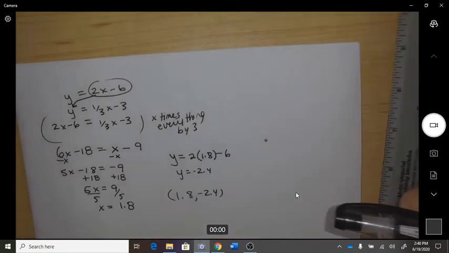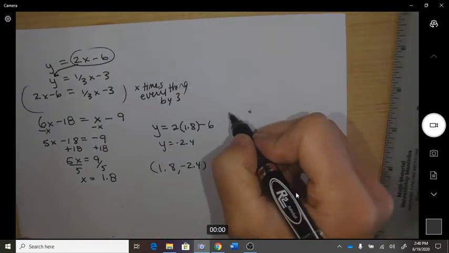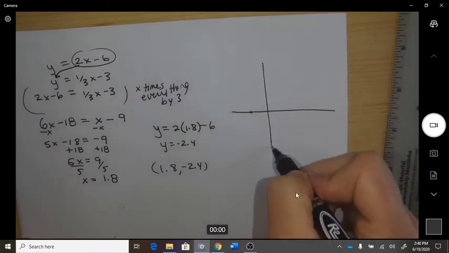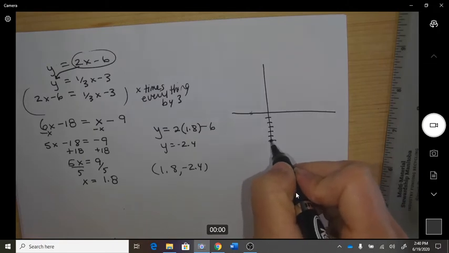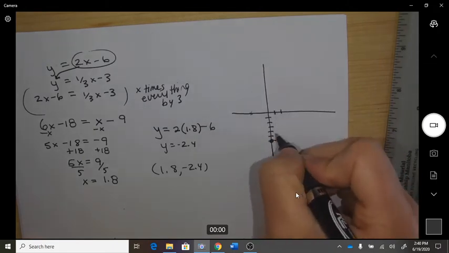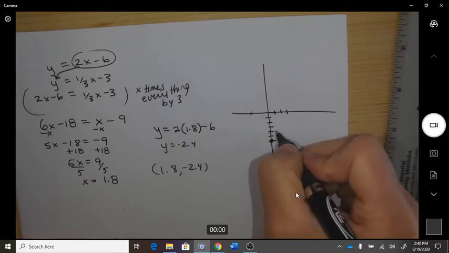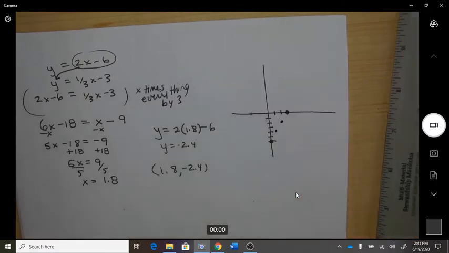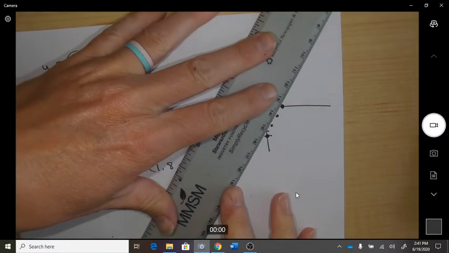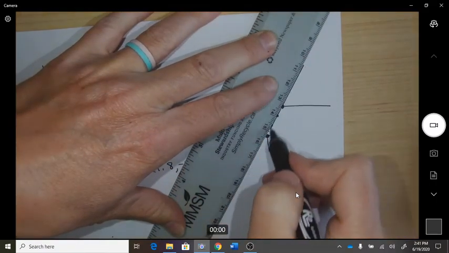Okay, so let's see what this looks like in a graph. So this one is negative 6. Whoops, 1, 2, 3. Yep, did that. So you go up to right one, up to right one. So that's that line.